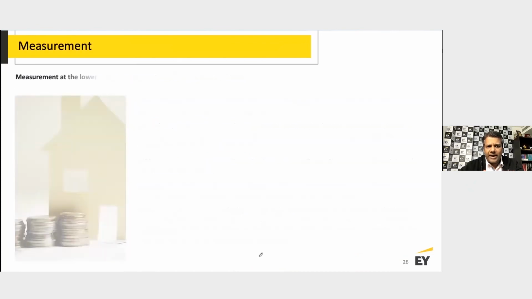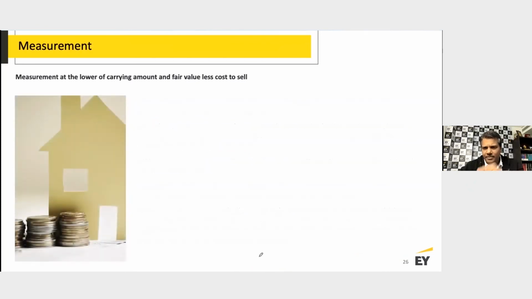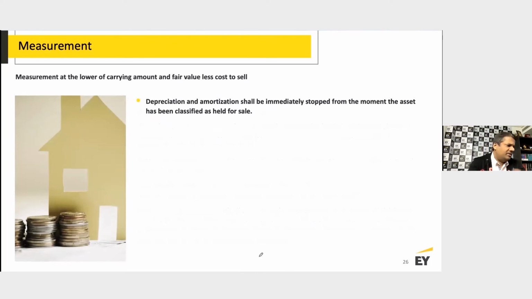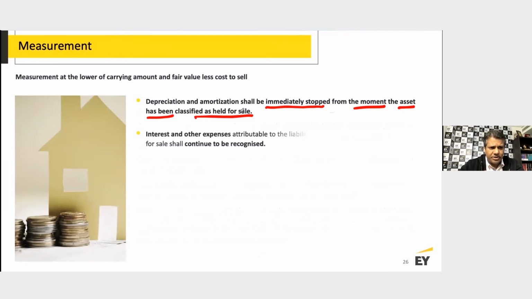Measurement at the lower of carrying amount and fair value less cost to sell. Remember, depreciation shall be immediately stopped from the moment the asset has been classified as held for sale. Depreciation has to be immediately stopped.